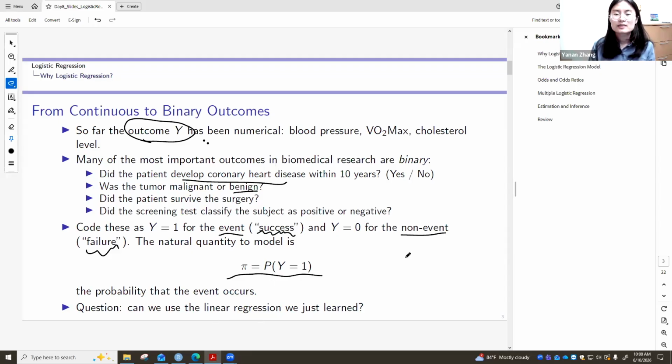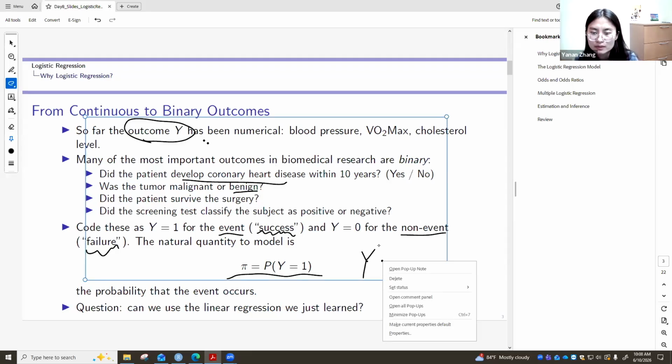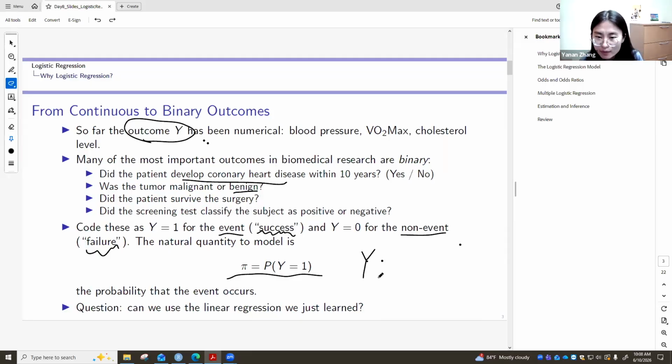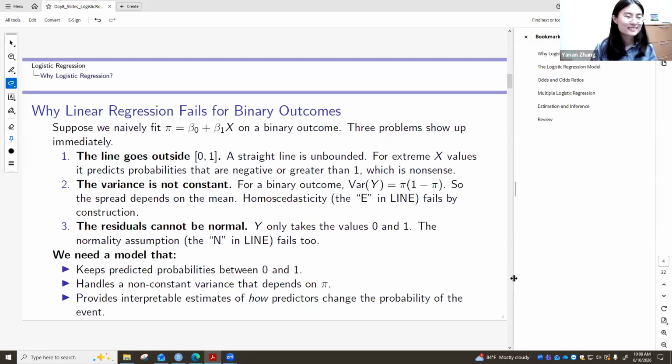Since we have an outcome which is yes or no, Y, which we denote as a value of 0 or 1, and we have our predictors X, can we model the outcome using a linear regression? The short answer is no. So let's talk in detail about why we shouldn't do that.